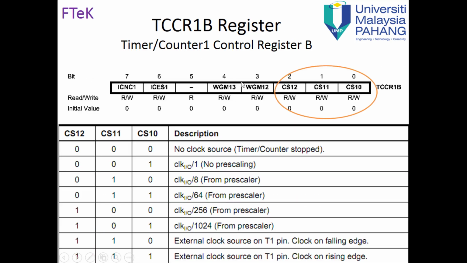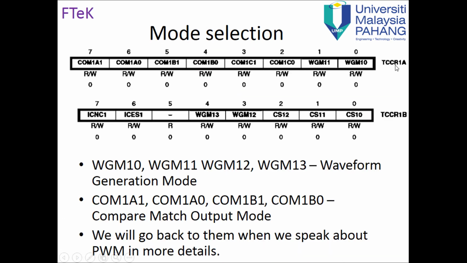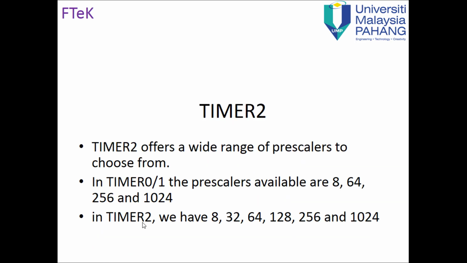These are used to define the mode of the timer. We have TCCR1A and TCCR1B. In TCCR1B we define the prescaling, and the other bits are used for waveform generation and compare match mode, which are related to PWM and CTC.